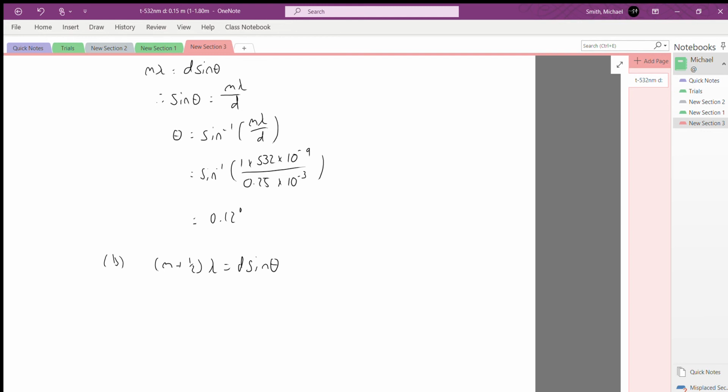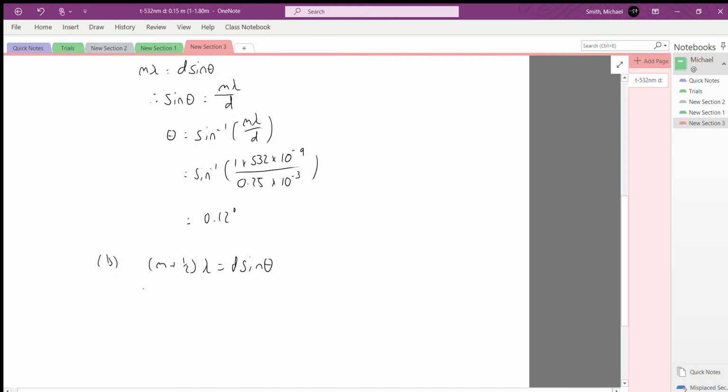And here it's a little bit tricky because the third minimum corresponds to m equals 2, not m equals 3, because the first minimum occurs when it's half a wavelength out, so here that'll be m equals 0. The second minimum occurs when m equals 1, third minimum occurs when m equals 2.